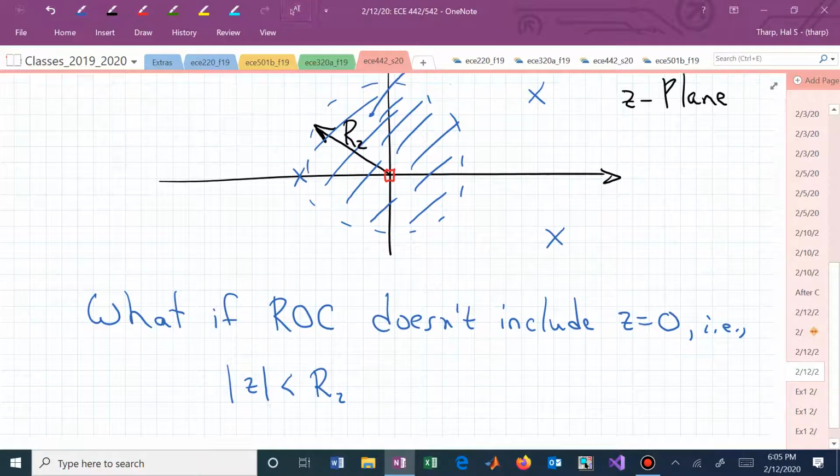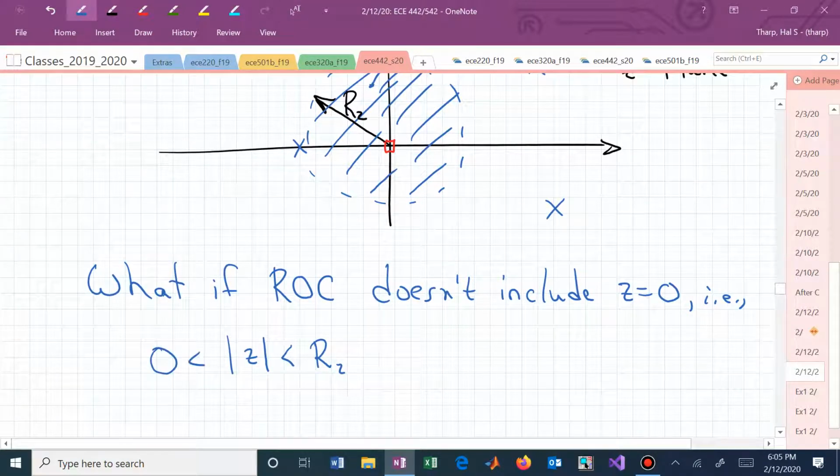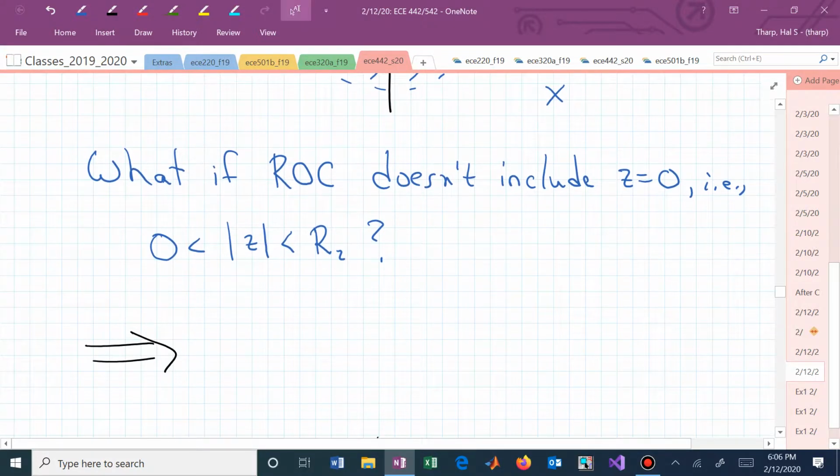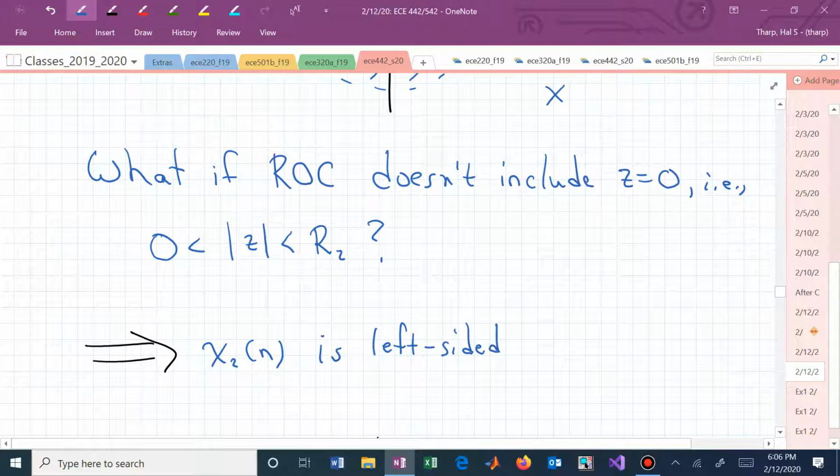Now we have a left-hand piece to that, and we now say, what if the region of convergence doesn't include z equals 0? That is, what if we could write it this way? That's now a way of describing the modified region of convergence pattern 2. Hopefully now you can see that that means that if the time sequence we label as x sub 2 of little n is now left-sided, which is a generalization of non-causal or anti-causal.